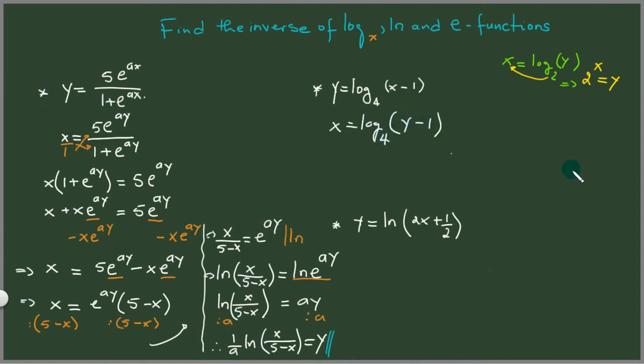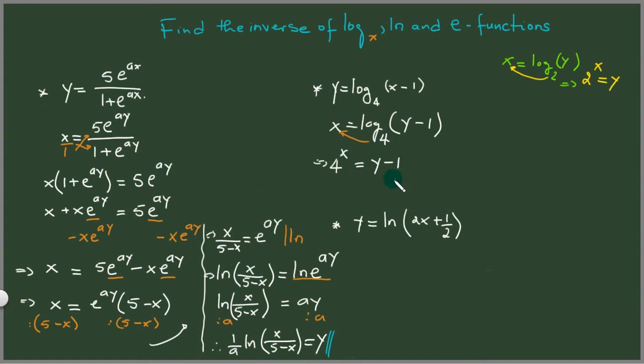Okay, and now we can use this rule of the log, saying that what we have here means 4 to the power of x equals y minus 1.